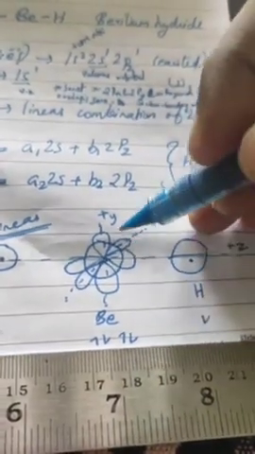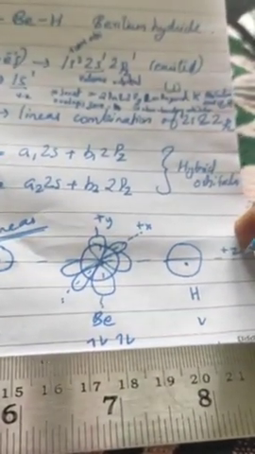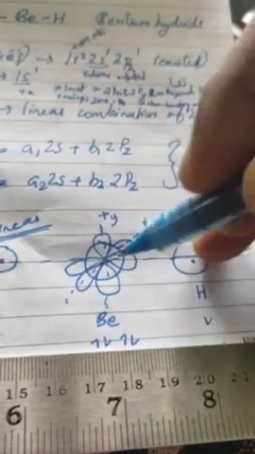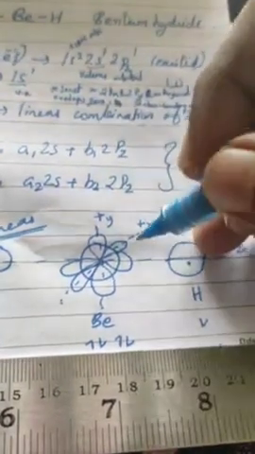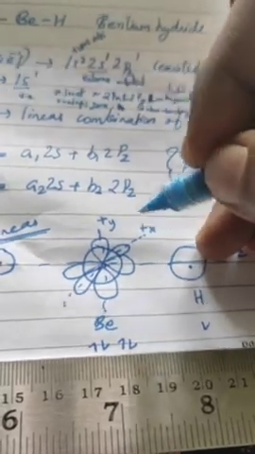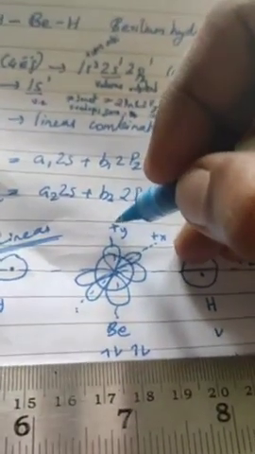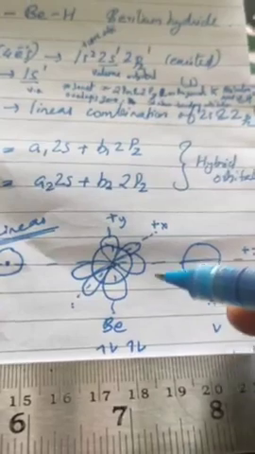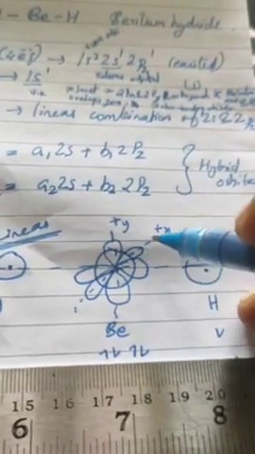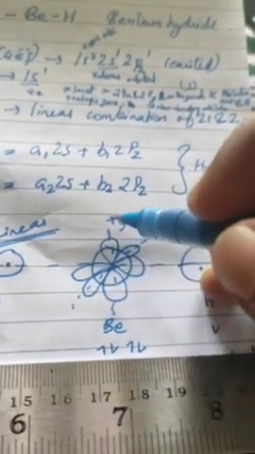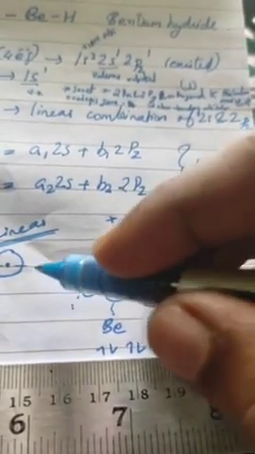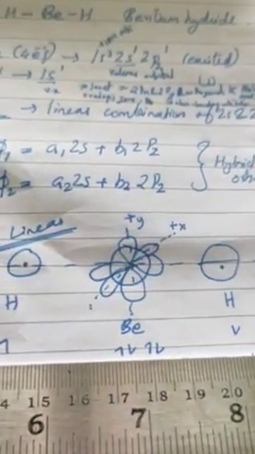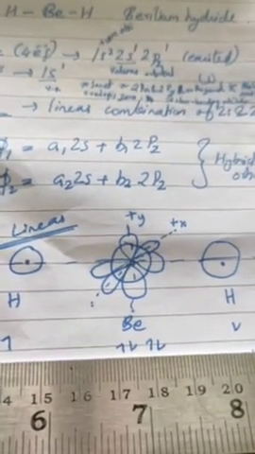For better understanding, I have denoted the axis along this bond as z, along this direction is x, and this is the y axis. So the pz orbital is along this way, px is along this way, py is this way, and pz is along the covalent bonding axis.